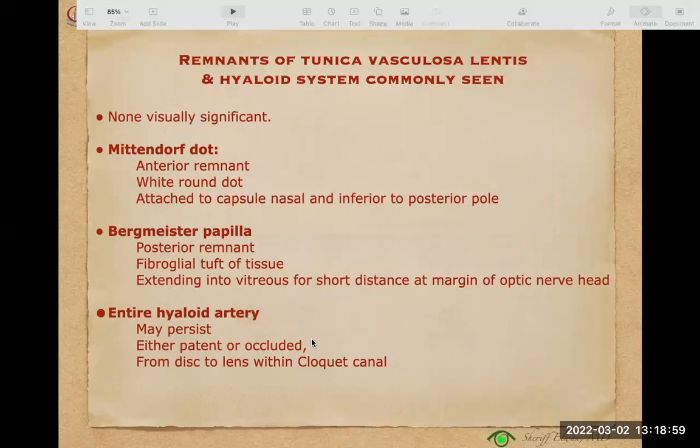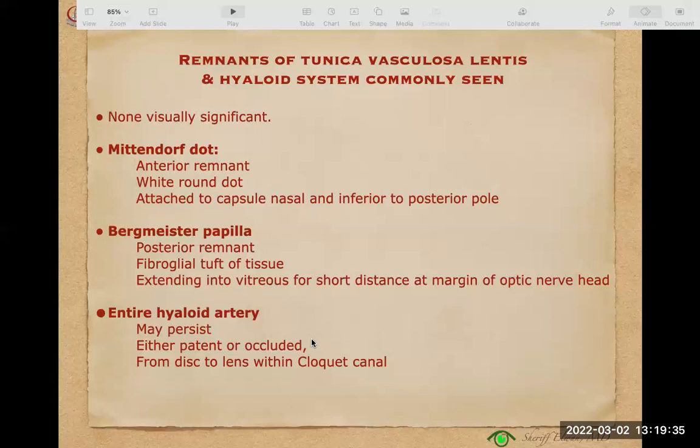Now, the tunica vasculosa lentis, which is the vascular structure around the embryonic crystalline lens, and the hyaloid system of arteries, which is invading the eye from the below embryonic fissure, leave remnants. These remnants we can see in most of our patients' eyes, but none of them is visually significant. None of them affects vision. These remnants are the Mittendorf dot, the Bergmeister papilla, and the entire hyaloid artery.